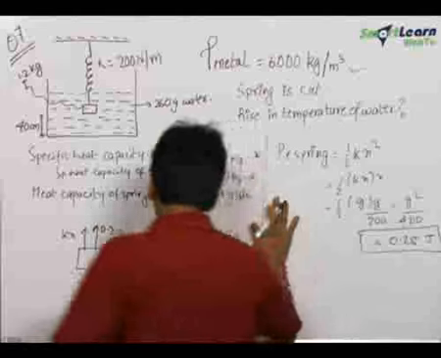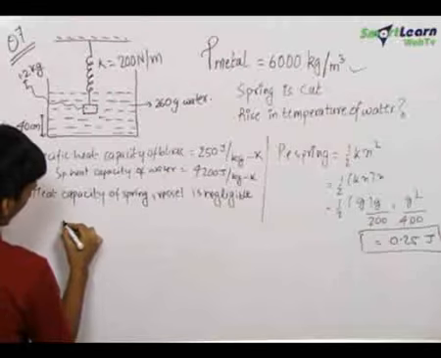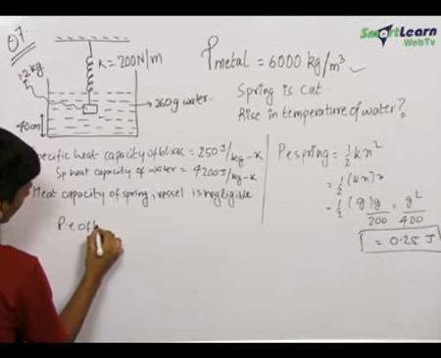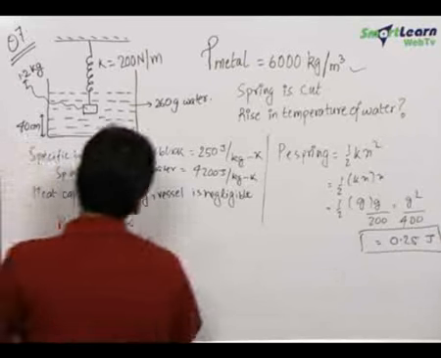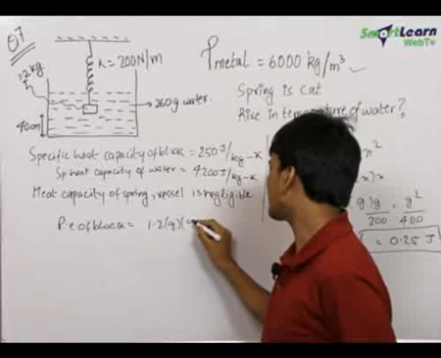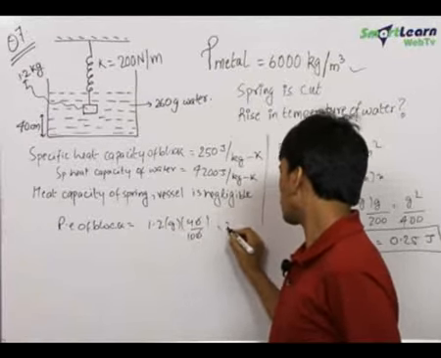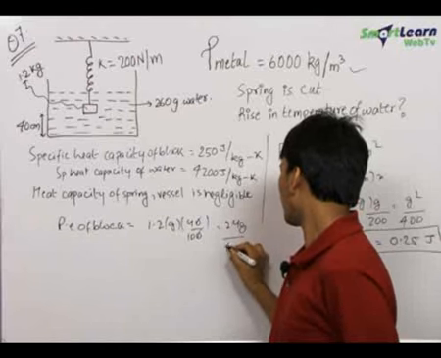Let us calculate the initial potential energy of the block. Potential energy of block initially is equal to mass 1.2 into g into height, that is 40 upon 100, that is equal to 2.4 g upon 5.